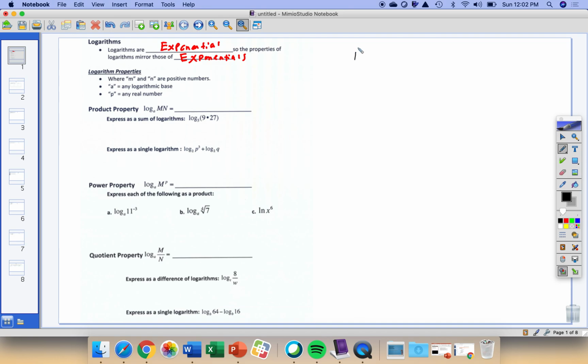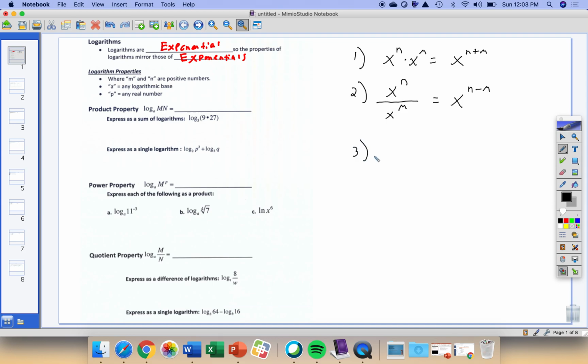Remember, we have one property that says if I have a number raised to a power multiplied by another number raised to a power, then I can add those two exponents together. If I have a number raised to a power and another number raised to a power and I'm dividing those two things, I can subtract the exponents.